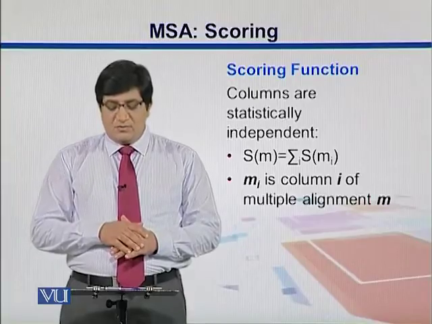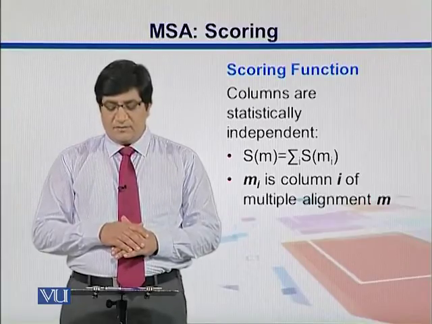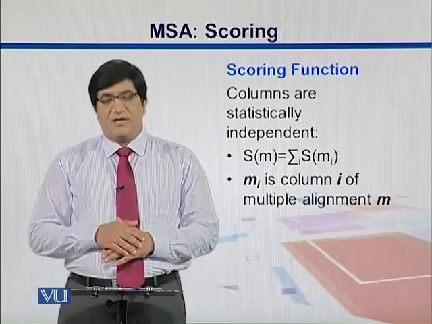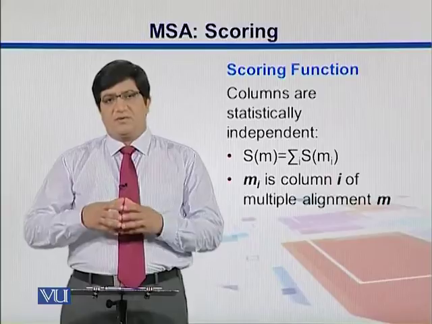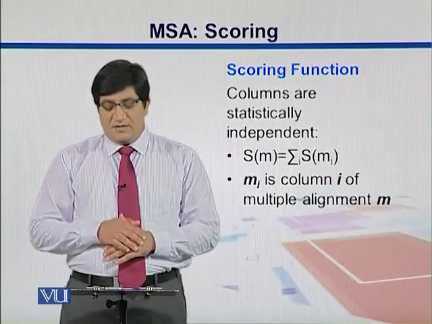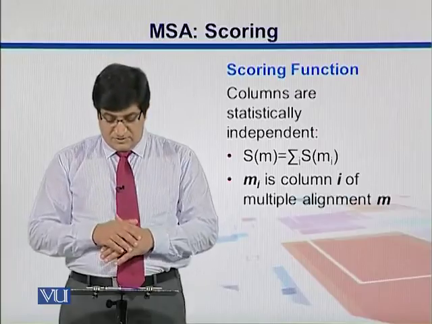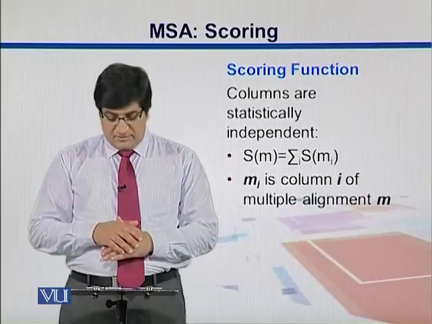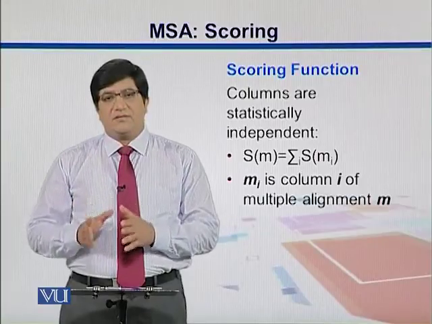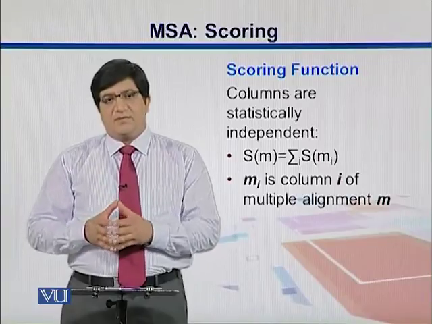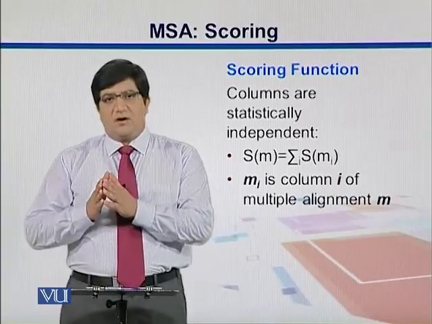So the score for the whole column is given by this relation, which represents the score of the overall alignment. SM is the summation over scores for all possible columns, where MI is column I of multiple alignment M. So the score of the overall alignment is the summation over scores of all columns.